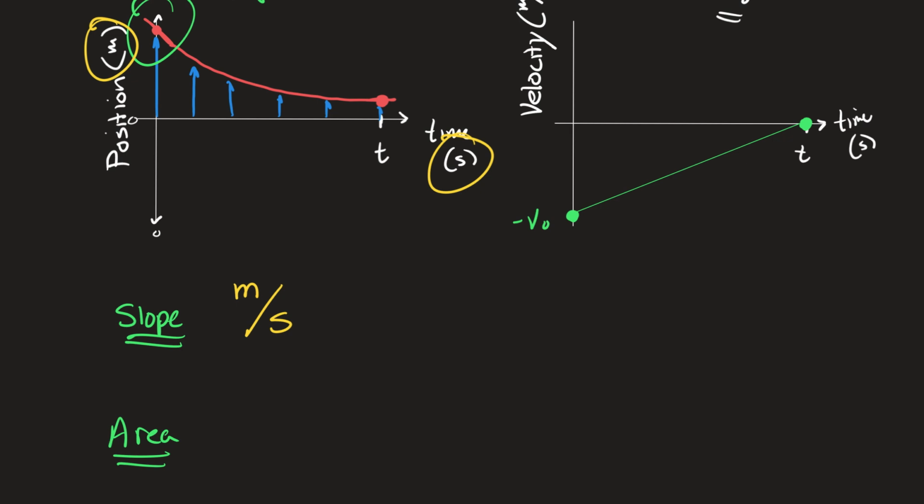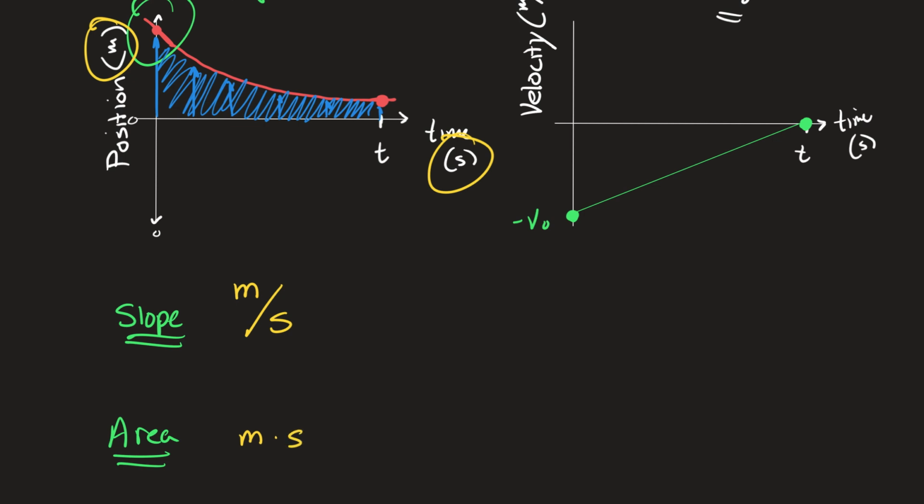Now, when we talk about area, area is the portion of the graph between the curve and the horizontal axis. To see if the area has meaning, you multiply the vertical axis units by the horizontal axis units. So meters times seconds.